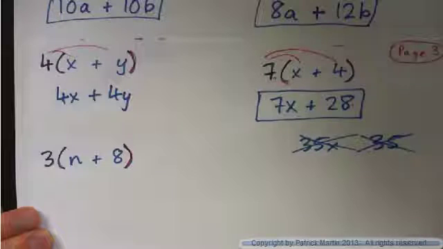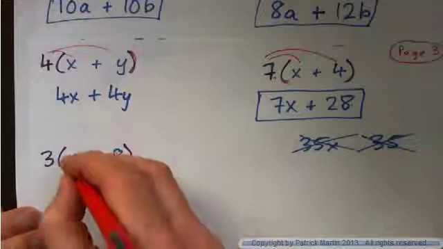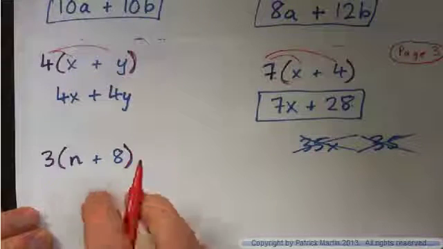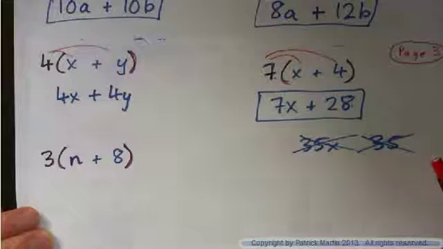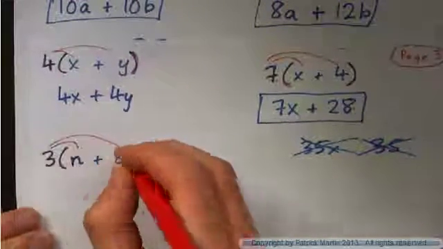Inside the bag you've got an n and an 8. N could be what? $8, right? So it would be 3 of these bags, so 3 of these and 3 of these.